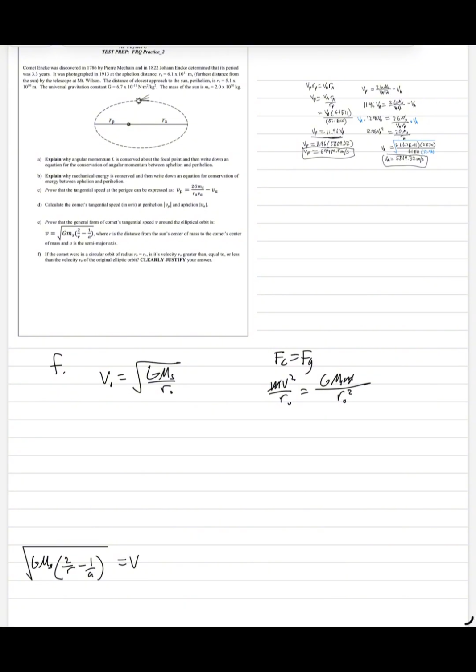The m cancels out, and the R also cancels out. And you can square root both sides. And that's how you get that function. And all we need to do is plug in the numbers.